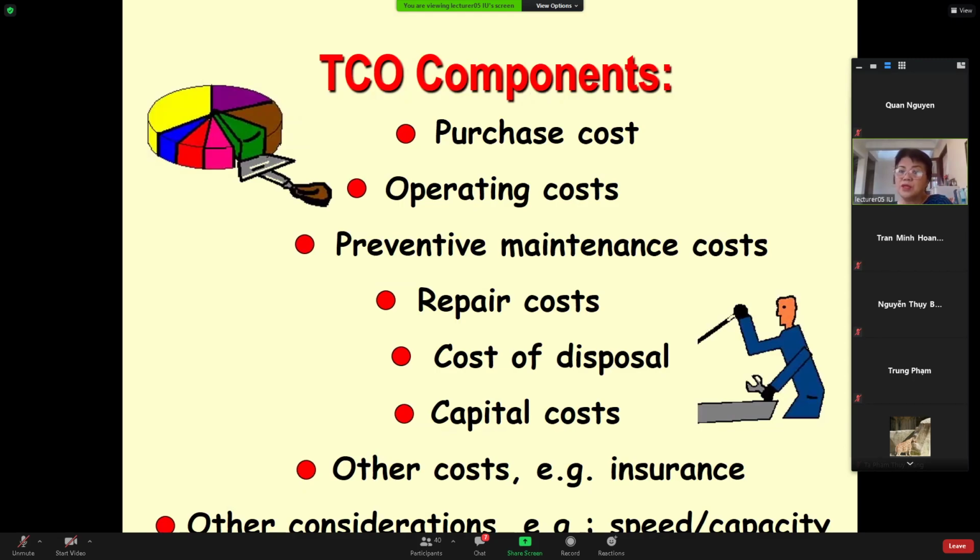Total cost of ownership includes the buying cost, meaning the purchase cost. But after that, the operating cost: how much you are going to pay for the operation, and what preventive maintenance costs you have to prepare for the equipment, good or service that you buy.